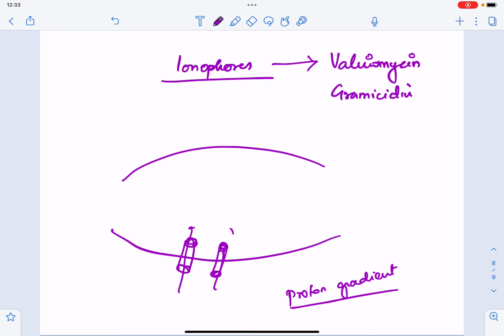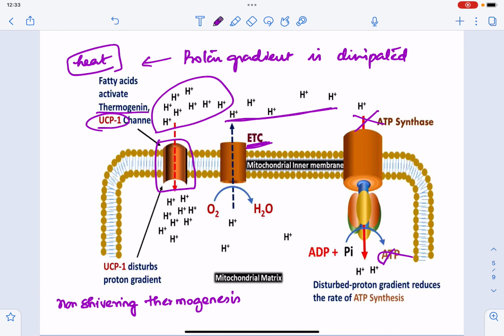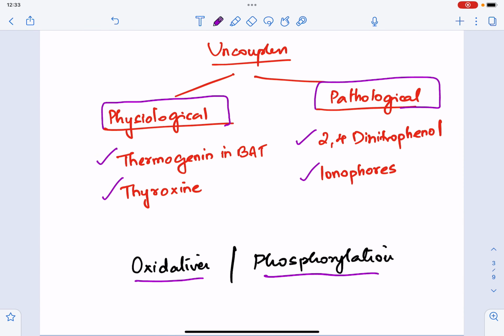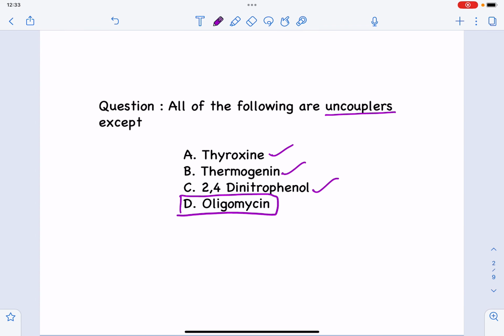Thus they dissipate the proton gradient in the mitochondria, but it is dissipated through these ionophores and not by the ATP synthase complex. Thus oxidation is uncoupled from phosphorylation. These are the different uncouplers that you should know of. So for this question, the uncouplers are thyroxine, thermogenin and 2,4-dinitrophenol, and it is not oligomycin.